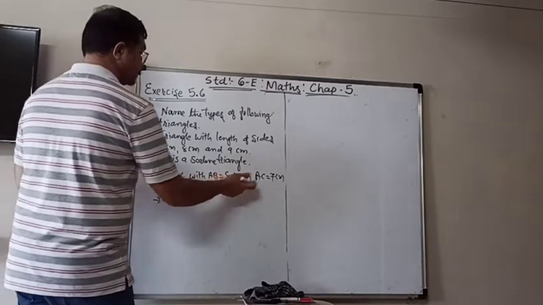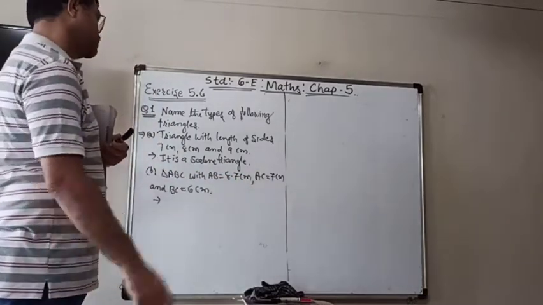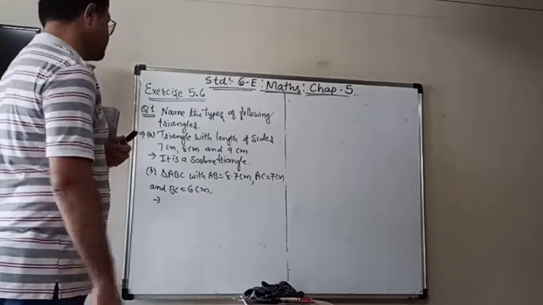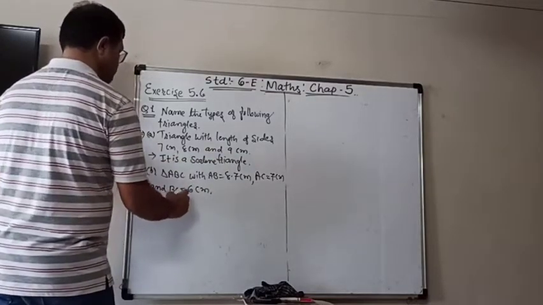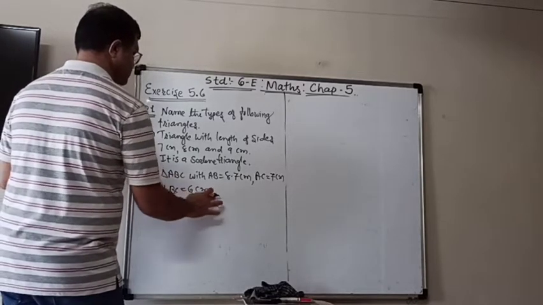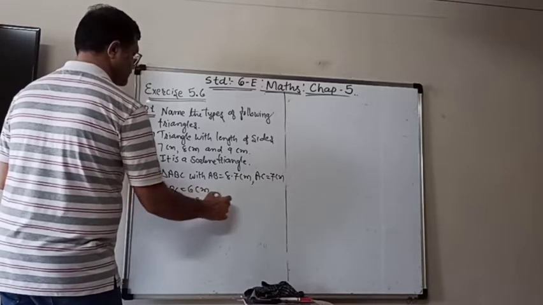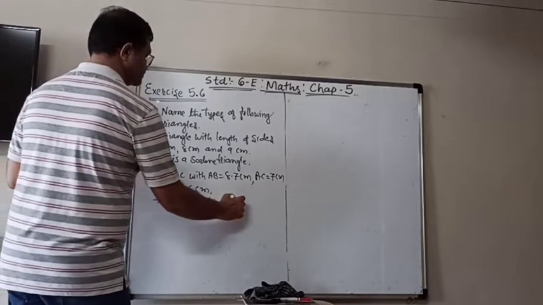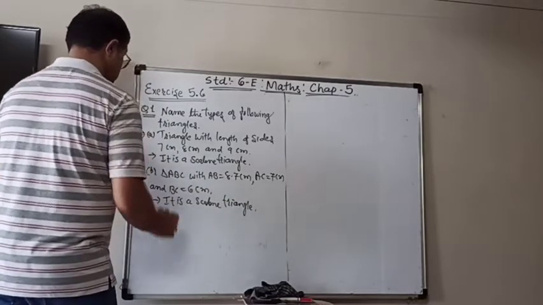Here also you can see that all the sides are of different measures. So obviously it is also a scalene triangle. So it is a scalene triangle.